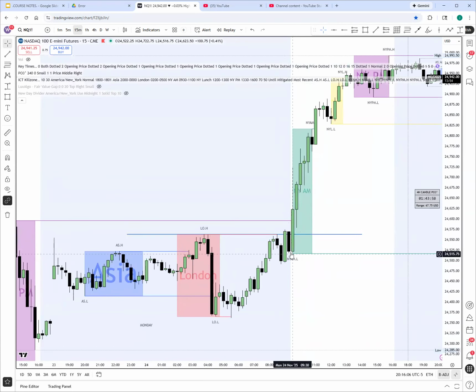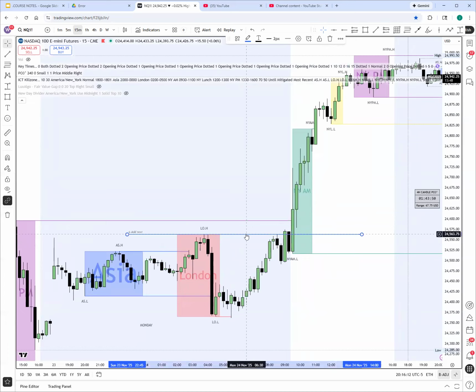So once I see these strong bullish candles above this, now I'm going to my lower time frame. Typically if you see a large displacement on a 15 minute or a 5 minute, or a strong market structure shift on a 15 or the 5 minute, that's when you want to dial down onto your lower time frame.